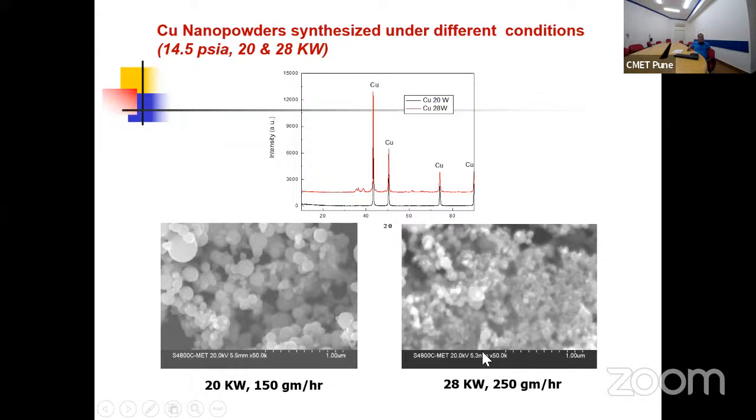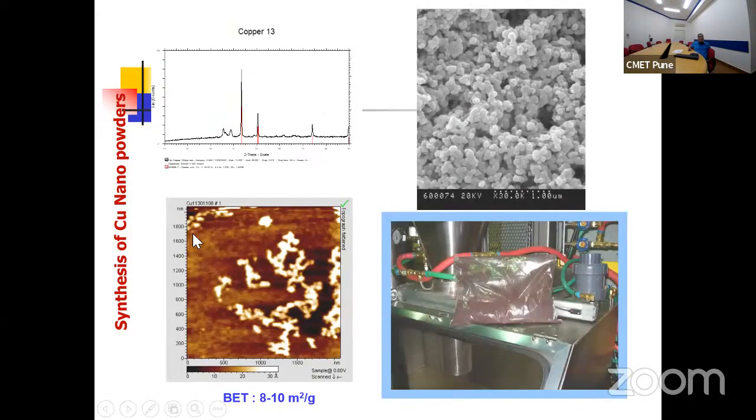This is the STEM at 50K, and here also it is 50,000, and these are the XRD of those synthesized copper nano powders. This is again optimized copper powders. This is the AFM of those copper nano powders. This is the copper nano powder collected.